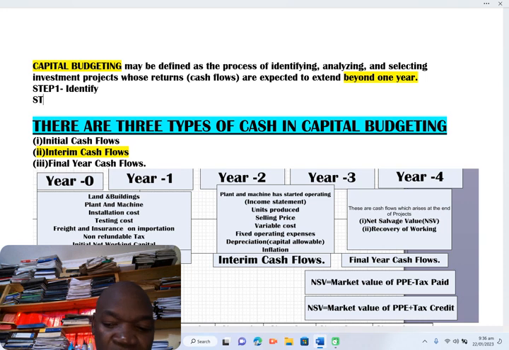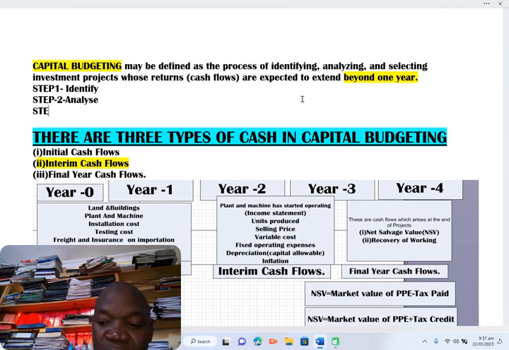Number two, you analyze those cash flow. Step number three, you select the investment project. Selecting a project: which project to implement?